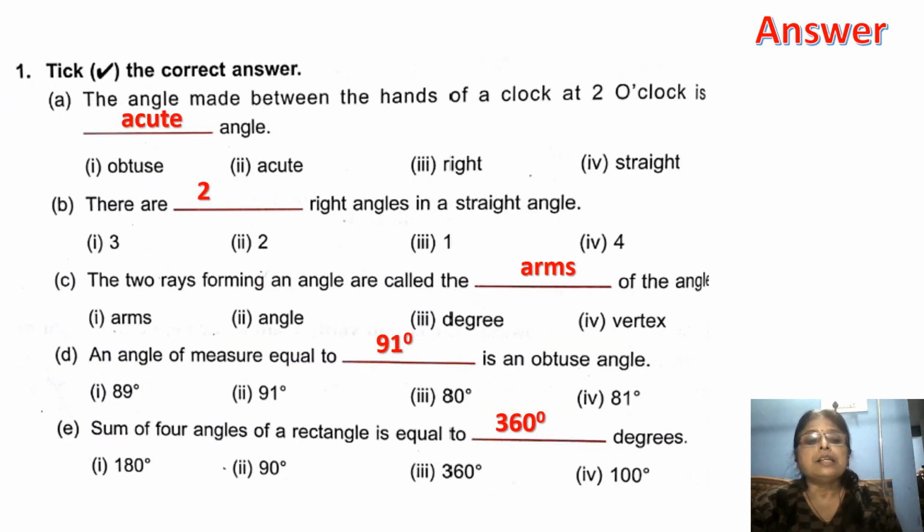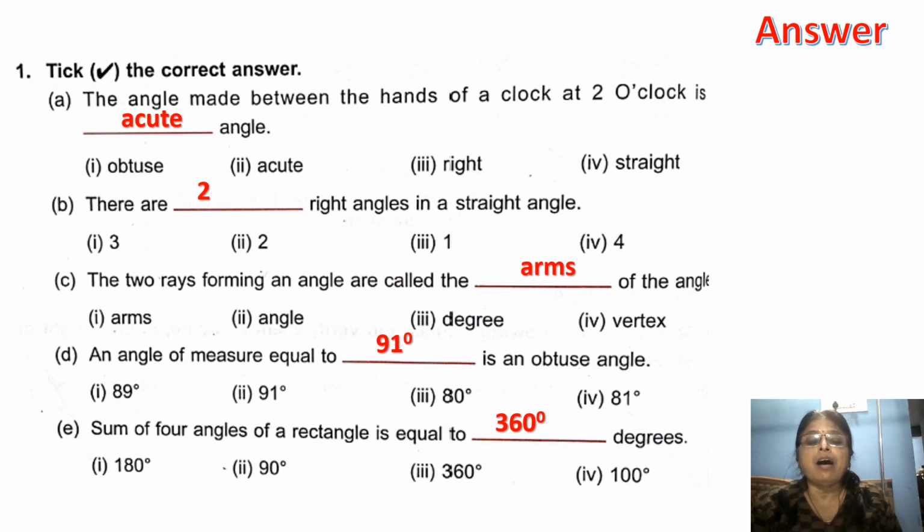First question. The angle made between the hands of a clock at 2 o'clock. At first you draw the 2 o'clock in the copy. Then you will find that the angle made between the hands of the clock is an acute angle.